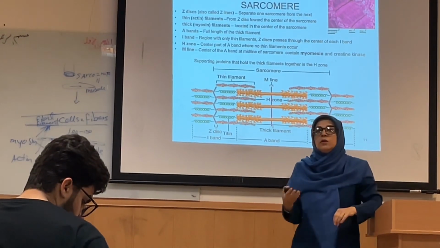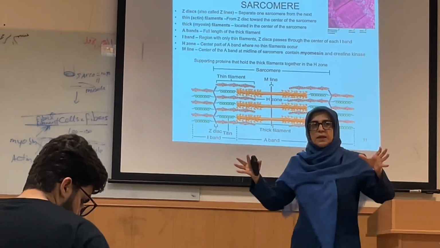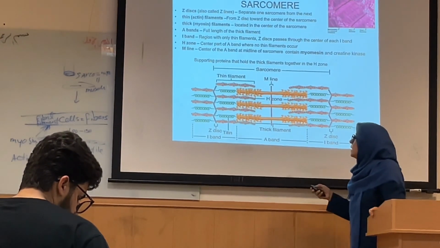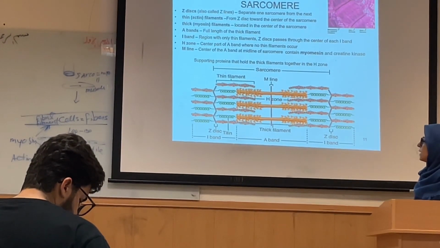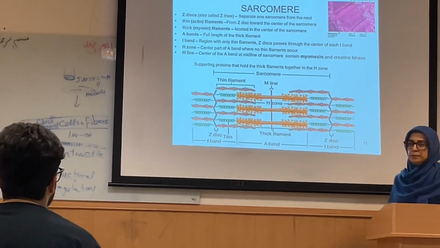maybe millions of sarcomeres are in the cytoplasm of the cells. In the sarcomere, we can see under the microscope dark and light lines.